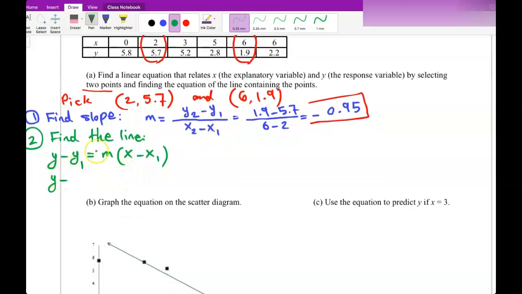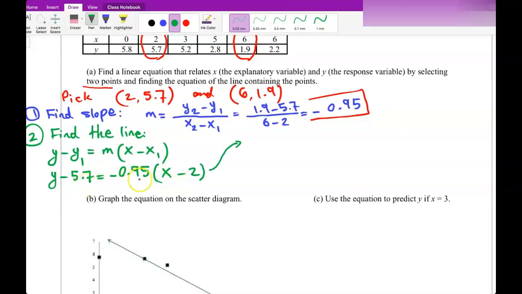So y minus y1, which is 5.7, equal to the slope, negative 0.95, multiplied by x minus x1, which is 2. This was point-slope form.